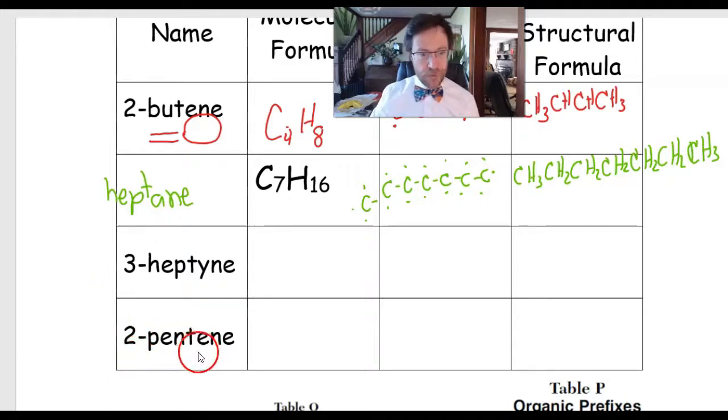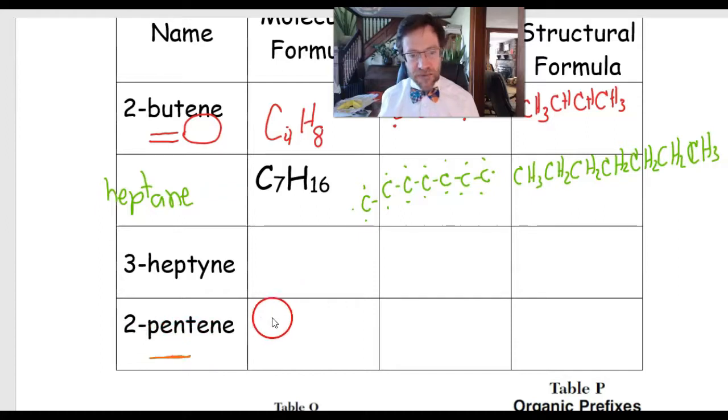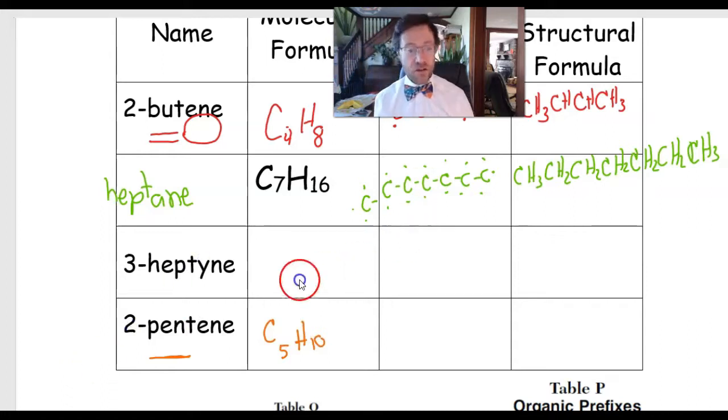2-pentene. The molecular formula. Think I can do that from just this? Yes, because pent, that means I have 5. If it's an ene, that means I'm in the alkene, so it's 2N. There, done. Structural formula.